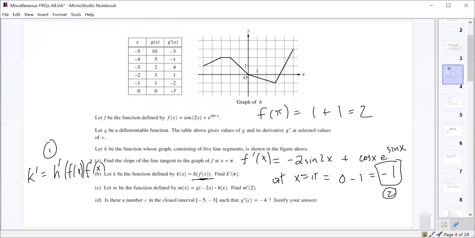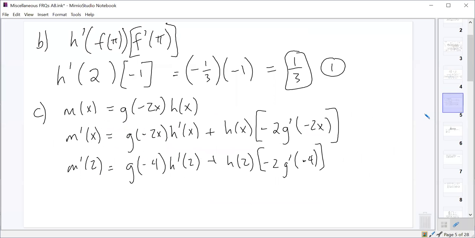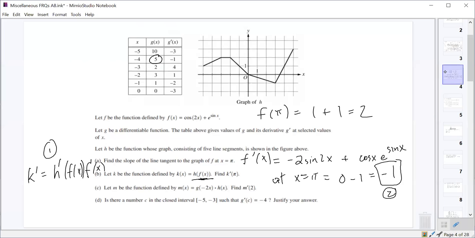So g of -4, looks like that's 5. h prime of 2, we just found that earlier, right? h prime of 2 was -1/3. And then h of 2, we didn't have that. What's h of 2? Well, we know the slope there, so h of 2 must be -2/3.